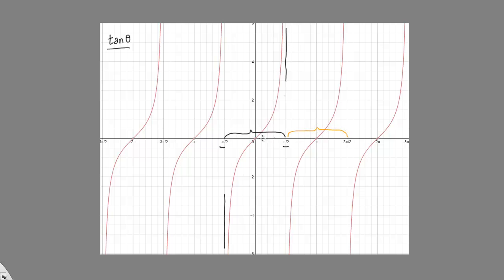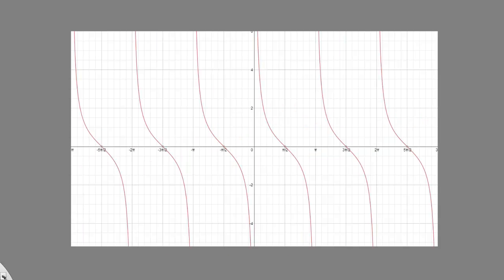So you can see these two copies are same and so on. Similarly on the left hand side. So just stop this video for some time and see for yourself and try to get the idea of what the tangent graph looks like. So this is a graph of cotangent x.